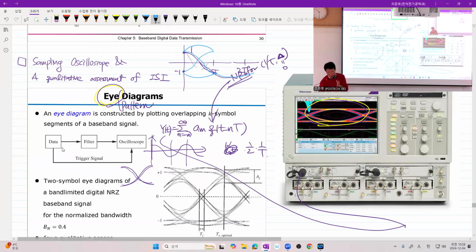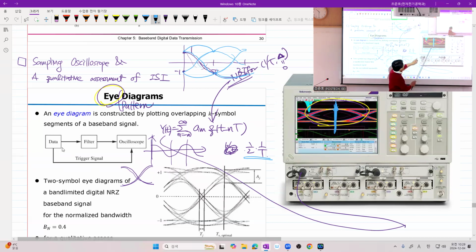Now, if your sweep rate is half of that, then you have another part. So here you see something like an eye opened. This is here, got it? So if you sample around here at this time instant, then you have, in this case, BPSK or polar NRZ, if you want, then 1 or -1 here.